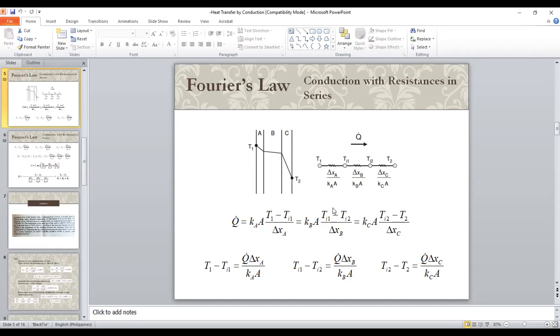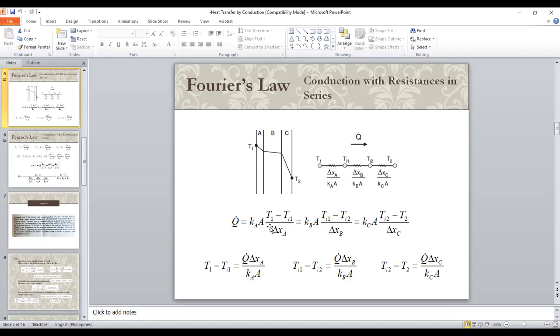Driving force for material B divided by resistance for material B, and the same too with material C. Now, if we want to get the temperature difference between T sub 1 and T sub I1, the boundary between material A and B, that could be equated to this one. So you just transfer the KA product here below the Q, and the delta X sub A is cross multiplied in here.